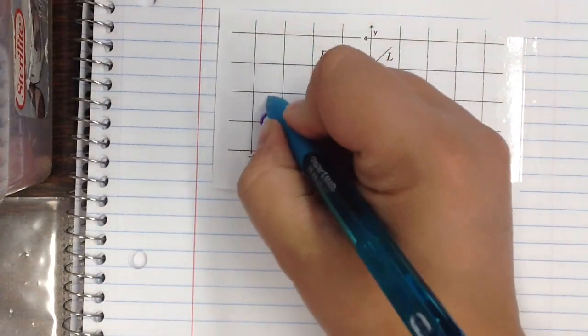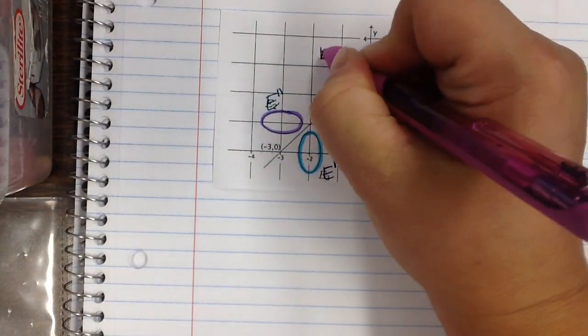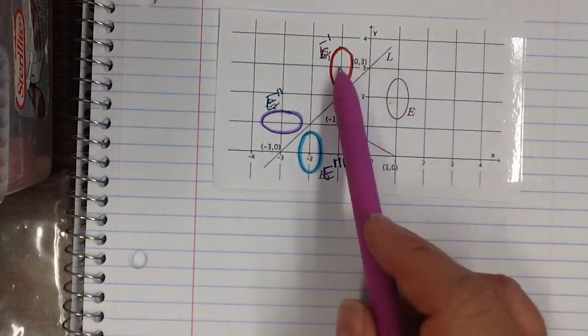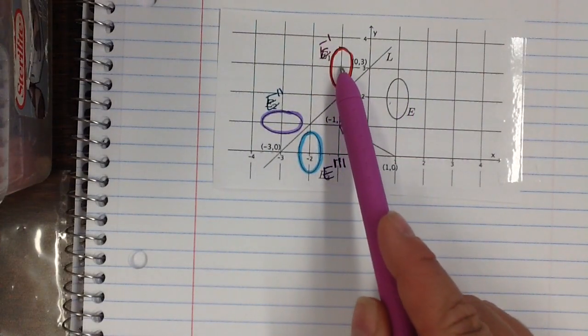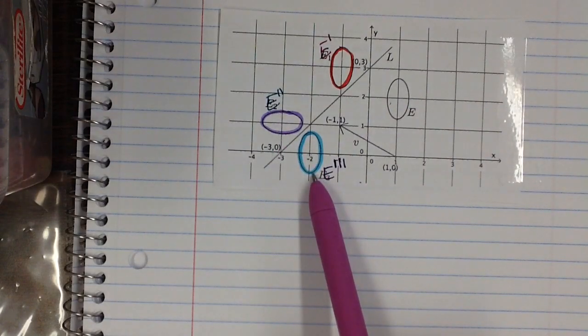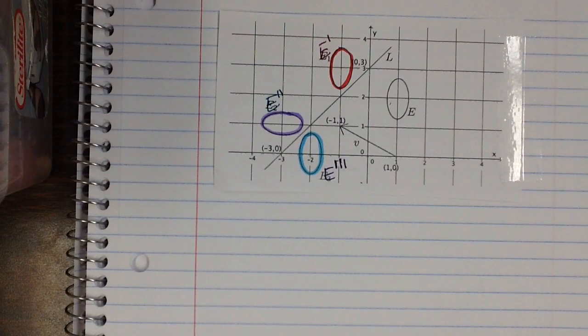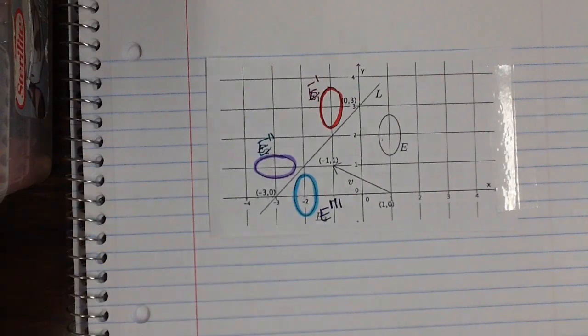So this was E prime prime. This was E prime. So this is the translation, then the rotation, and then the reflection. So that's what we're going to do. We're going to put them all together. But first we're going to work through your classwork.